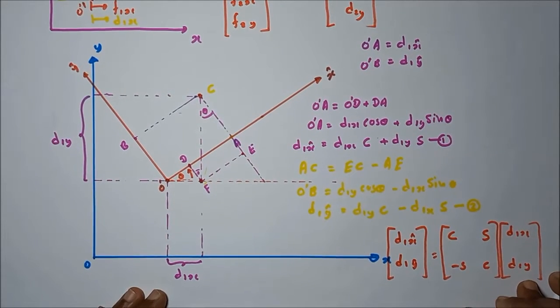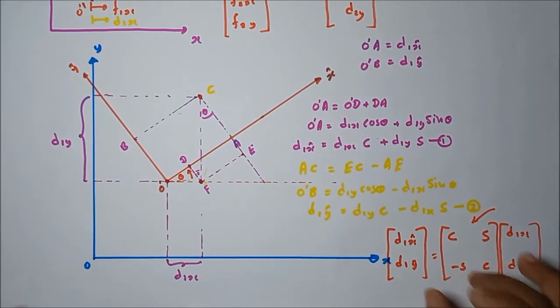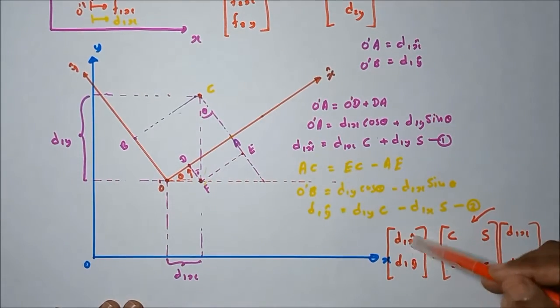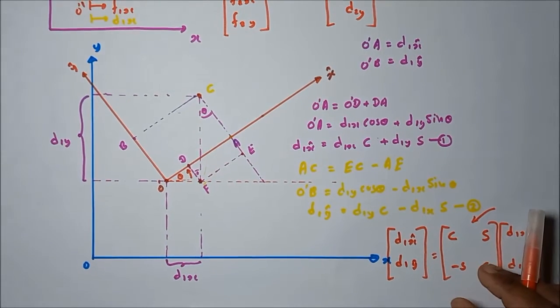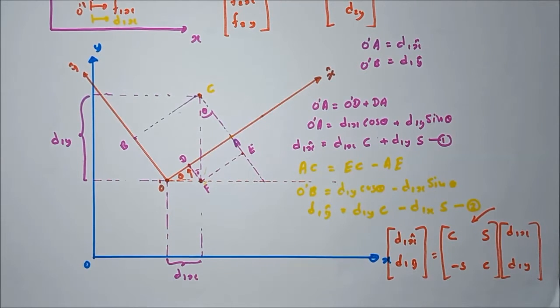This is a transformation equation. This is called the coordinate transformation matrix. Using this coordinate transformation matrix, we can transform the global to the local. In another way, we can transform the local to the global.